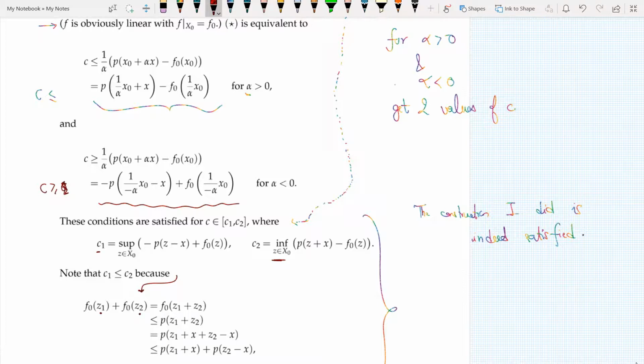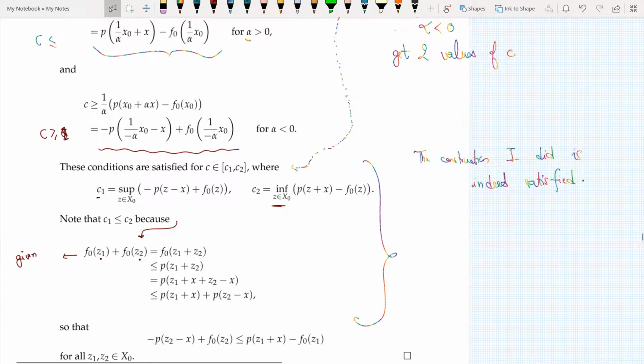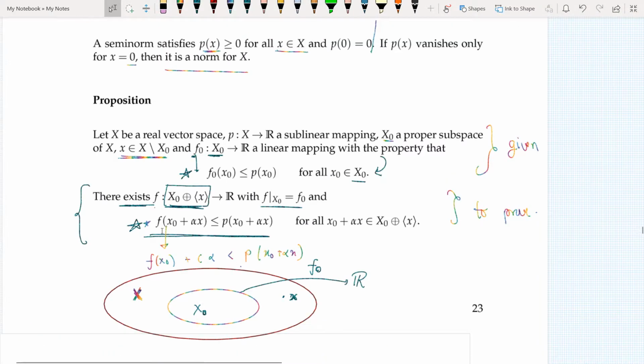Since my f naught was linear by definition, so this was given, I can write it out like this. And now for my space f naught, this thing was always less than or equal to p of z1 plus z2, as given in the question. So if you see this, for all x naught belonging to capital X naught.